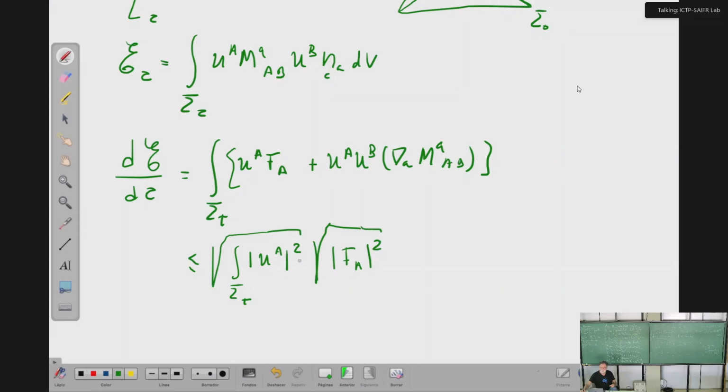For the second term, we are going to use the maximum norm of this. So we use the maximum of the norm on sigma tau of this thing.